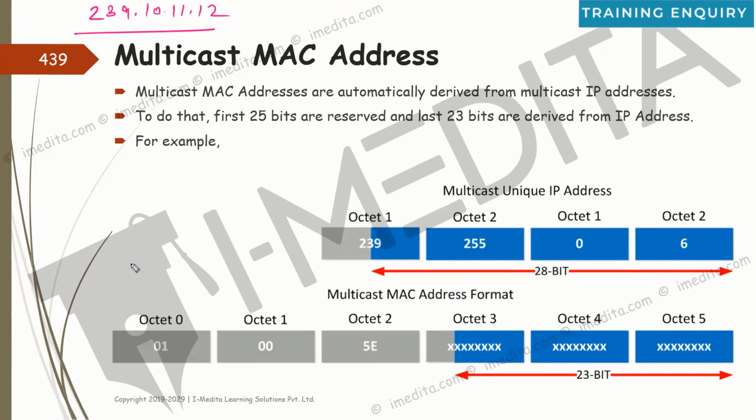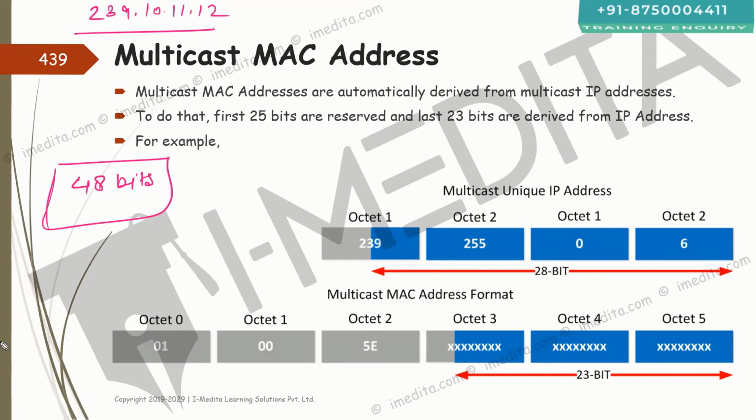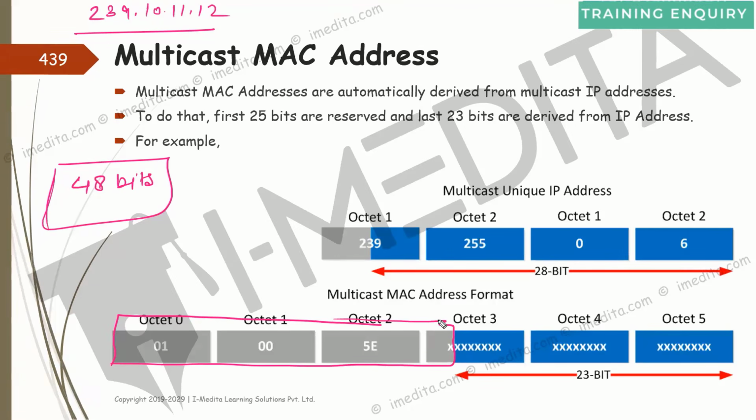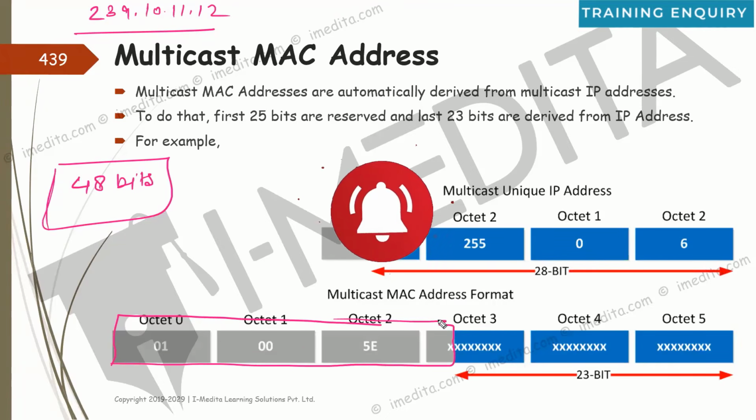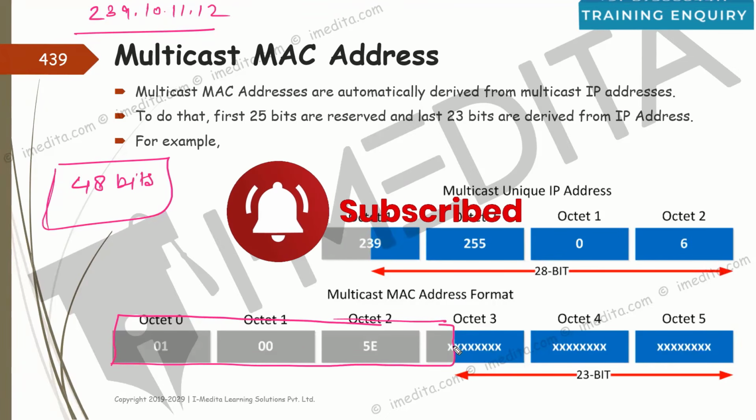How does it do that? A MAC address is 48 bits in total. The first 25 bits will remain exactly the same: 01005E0.